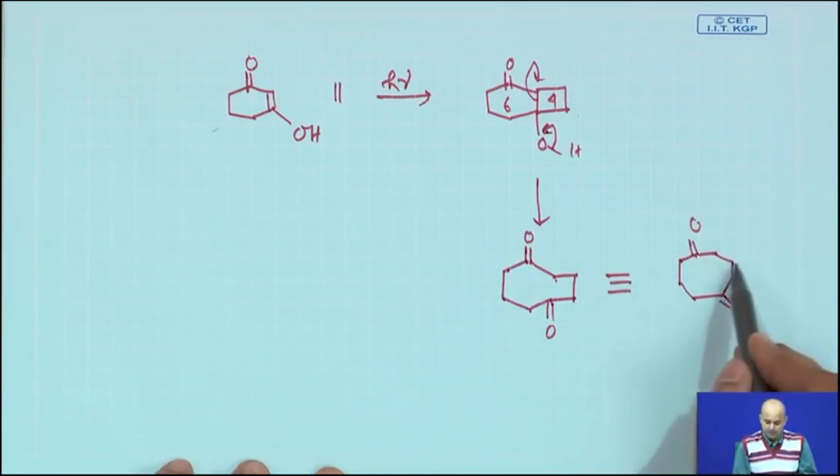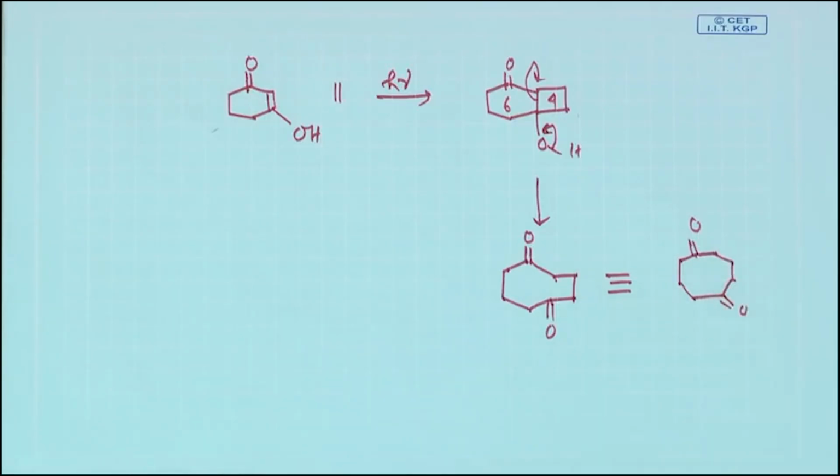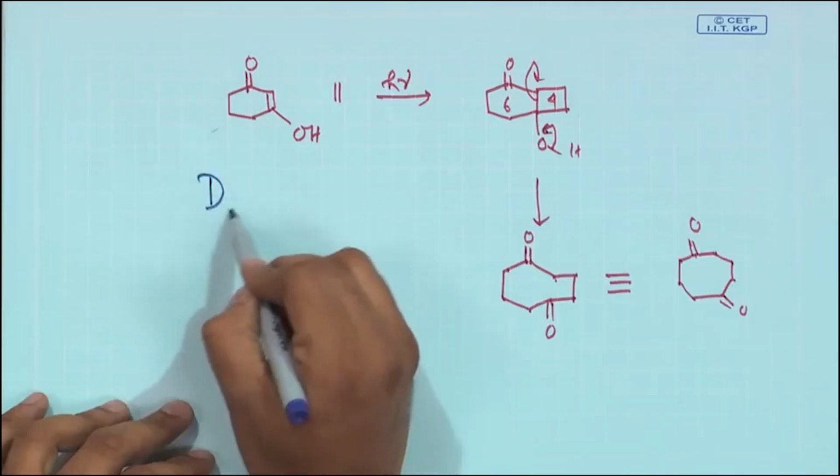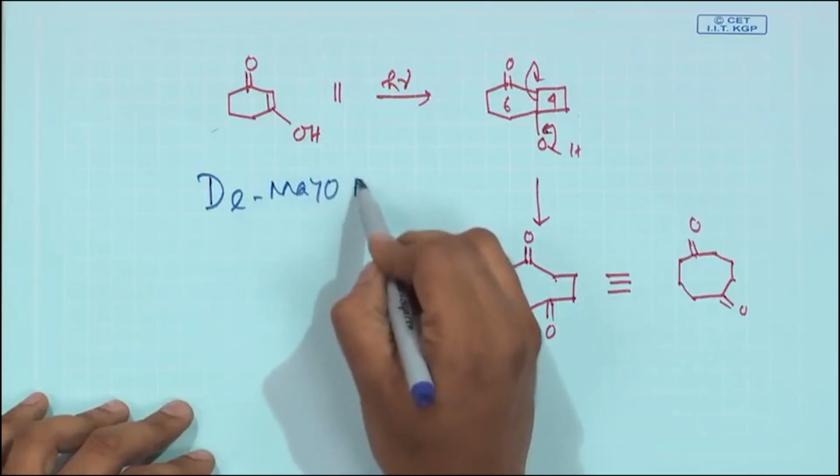So, in between basically you are having 3 methylene groups. So, this is the main strategic viewpoint, and this reaction we have already studied is a De Mayo reaction.